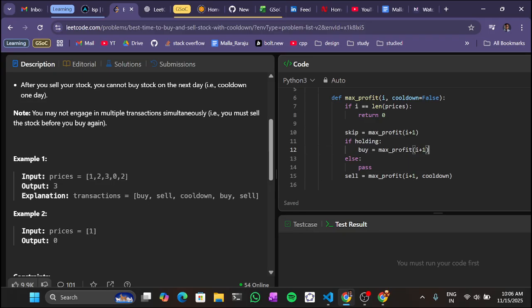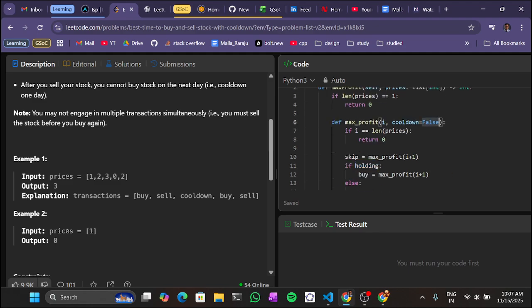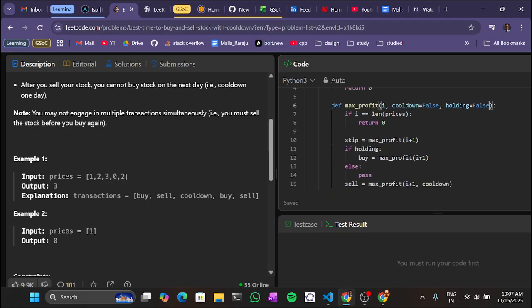If we choose to buy, and how do we know about the holding? I guess we need another parameter, then we can skip or sell.